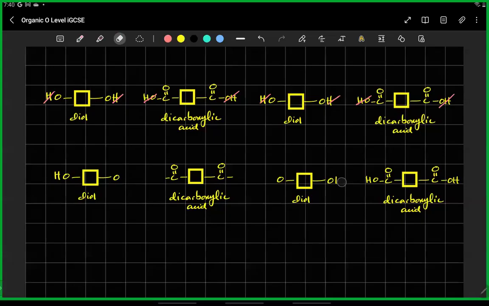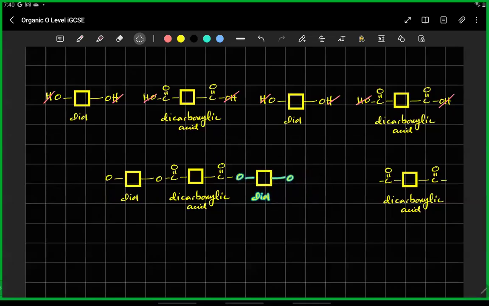ये क्लियर है? अच्छा and they will start joining up. ये जाके ना उसके साथ जुड़ गया. ठीक है. ये वाला this will connect with this one.